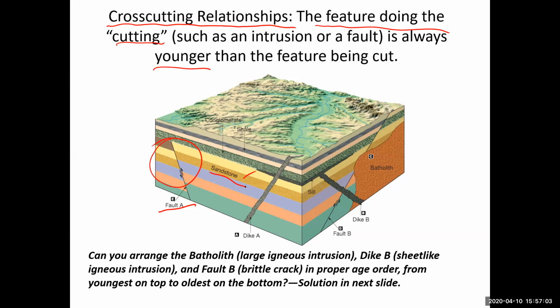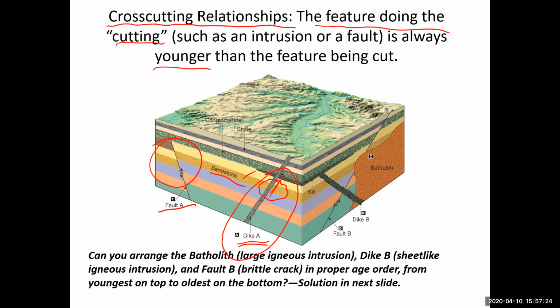Okay. The same thing is true with intrusive relationships as well. So here we have that same sandstone layer, and we have a sort of sheet-like intrusion called a dike. And if we focus right in here, can you see that it's the dike that cuts through the sandstone, not the other way around?